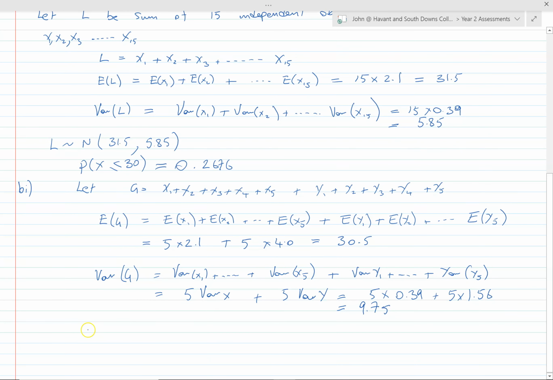So we've got G is normally distributed with mean 30.5 and variance 9.75.